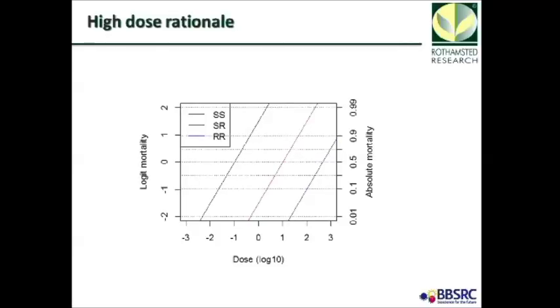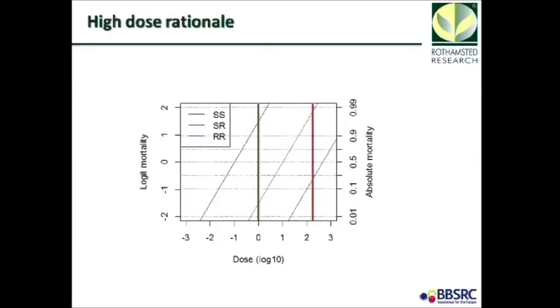And you can see if we apply a low dose here, then it will kill about 90%, 95% of the susceptibles, about 5% of the heterozygotes, and essentially none of the resistant homozygotes. Whereas if you apply a high dose of insecticide, then you can kill off essentially all the susceptible homozygotes, most of the heterozygotes, and some of the resistant. And in the high dose scenario, you're essentially only left with resistant homozygotes in your population.